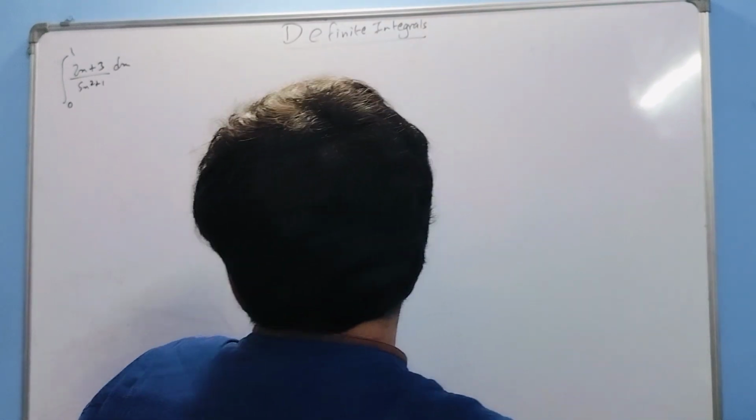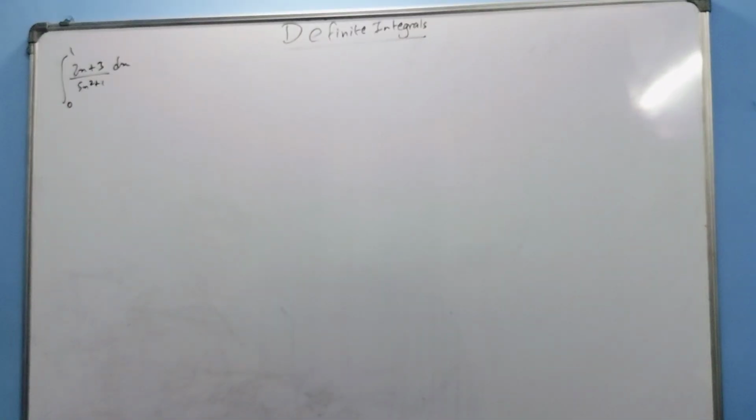They have given the integral from 0 to 1 of (2x plus 3) upon (5x square plus 1) dx. Let us see how we can solve this kind of numerical.